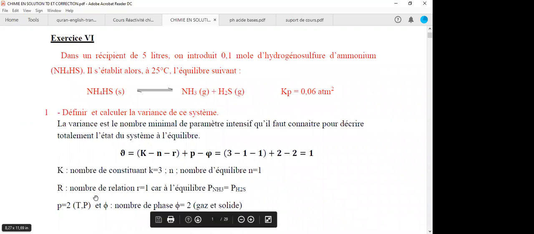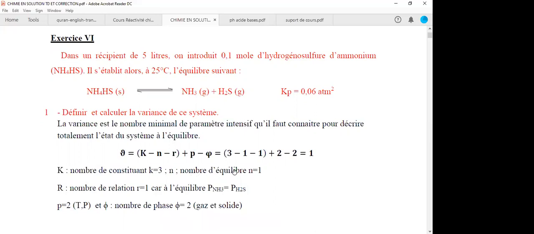R, number de relation, is equal to 1. Here there is a mistake. N is the number of relations, which is 1.